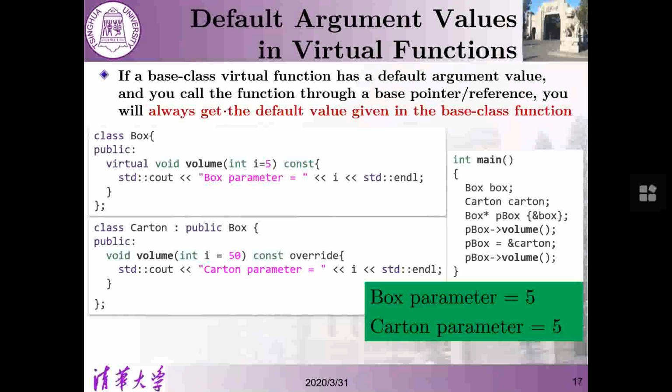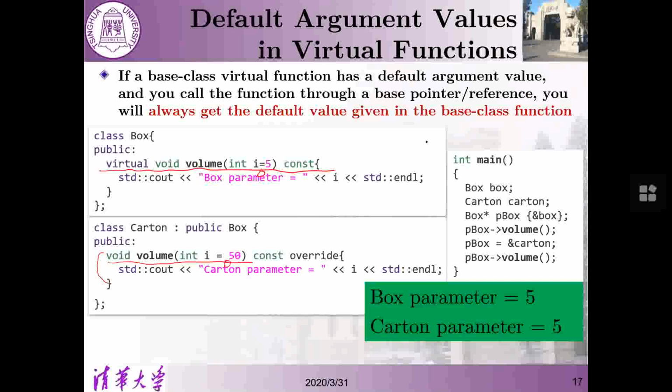Here's another grammar. This is default argument values in virtual functions. It basically says if we have a virtual function in the base class that takes a default argument, and then in the override function we have another default value for I. This is 5, this is 50.